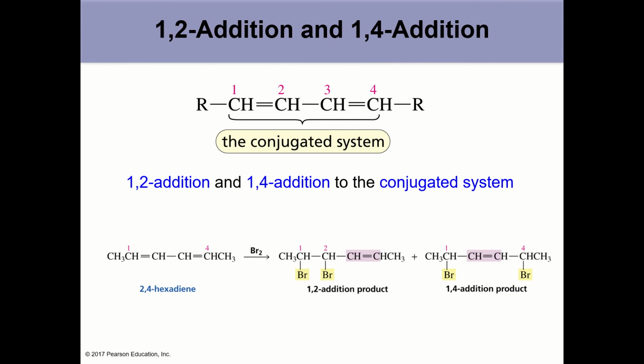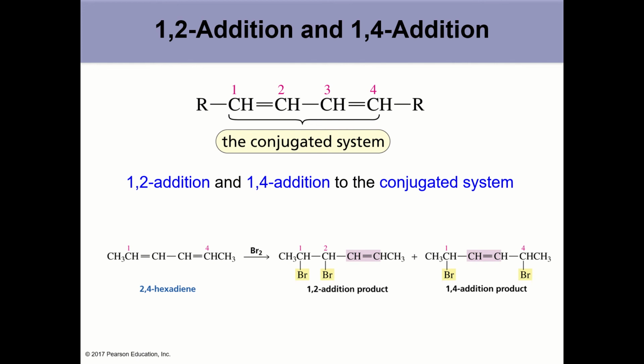For a conjugated system of a diene, whether the diene has 8 carbons total in the molecule or 20 carbons total, we will call the pi network carbons 1 through 4. So this numbering system has nothing to do with numbering the molecule to name it.